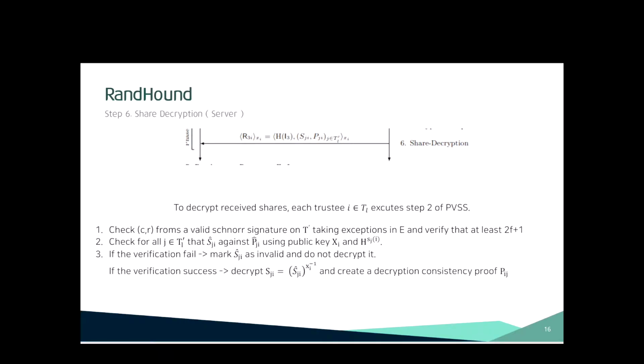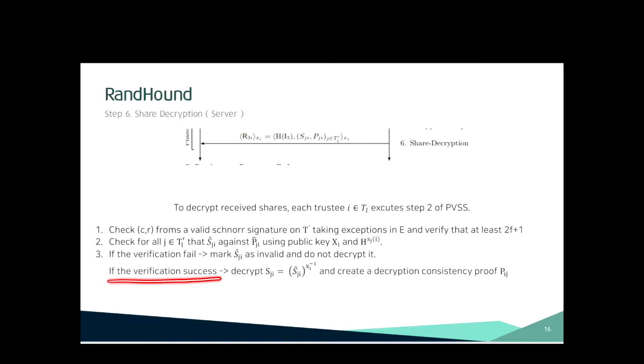When the server receives the message from the previous step, it verifies that C and R are properly signed for T dot. It is okay if there are 2F plus 1 signatures. Check every Sij value in TL dot, that is the encrypted value sent to me, and verify it using the public key and HSIJ.